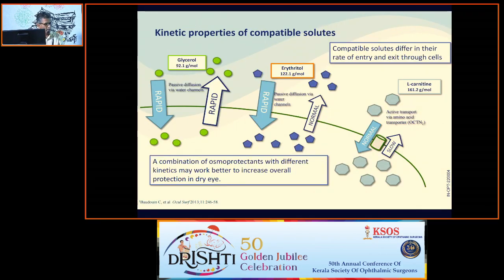These solutes have multiple ways of entry into the cell. Glycerol has passive diffusion, while erythritol also has passive diffusion. L-carnitine goes inside the cell through an amino acid transport mechanism, and that is an active transport mechanism.